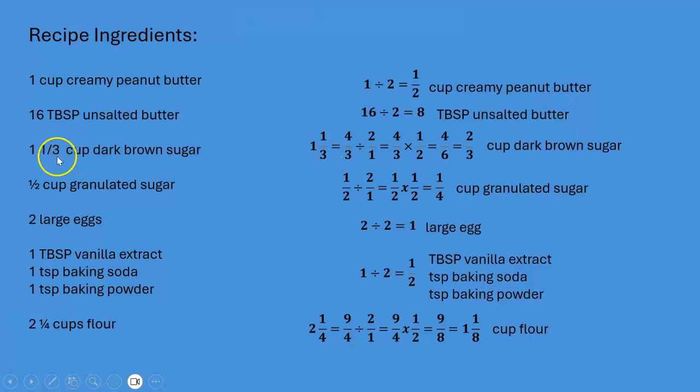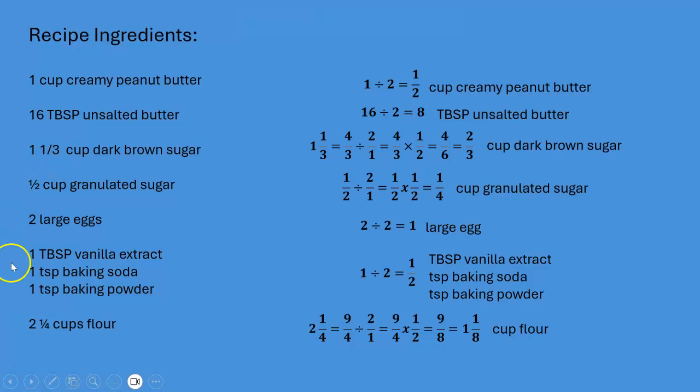We have 1 1/3 cup of dark brown sugar in the whole recipe. We need to convert that to an improper fraction. We take denominator times whole number: 3 times 1 is 3, plus the numerator is 4/3, divided by 2 over 1. When we're dividing fractions, we multiply.